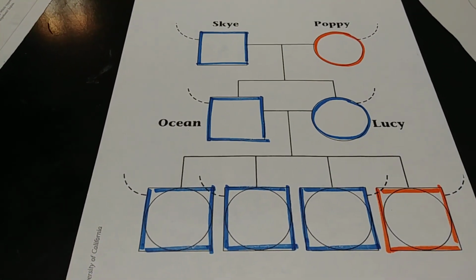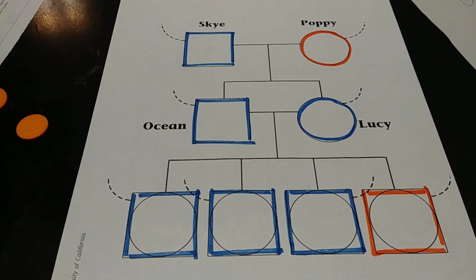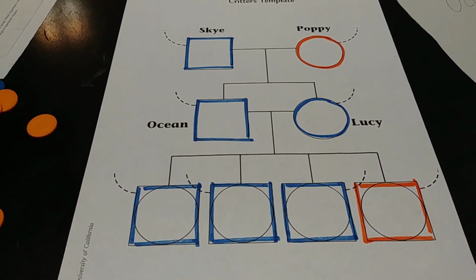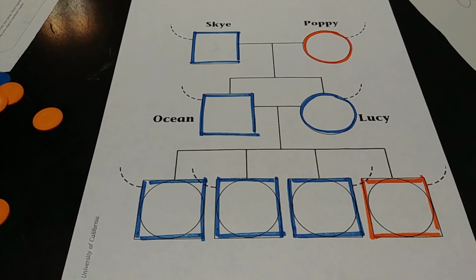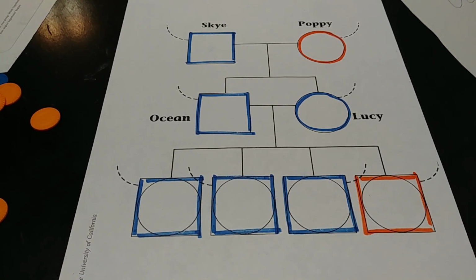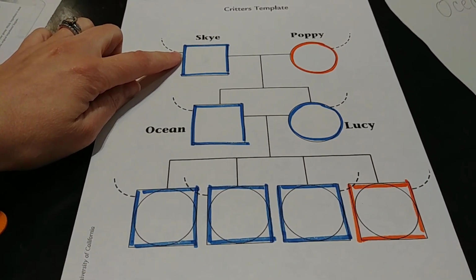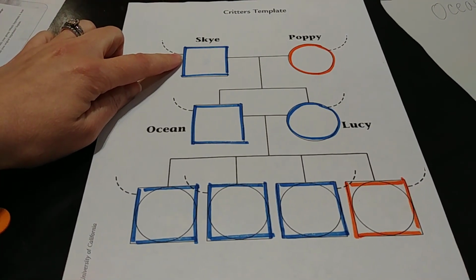Okay, so a couple of things that are important to know to start with is that you need to have two alleles for every gene. You have two alleles because you get an allele from your mom and you get an allele from your dad. So Sky over here, he is purebred. He has had the same genes for many, many generations.